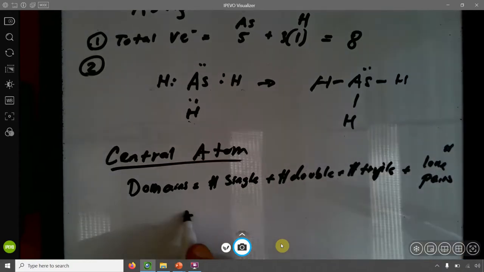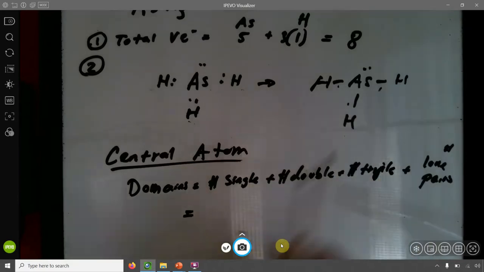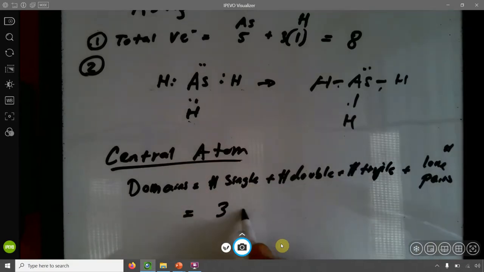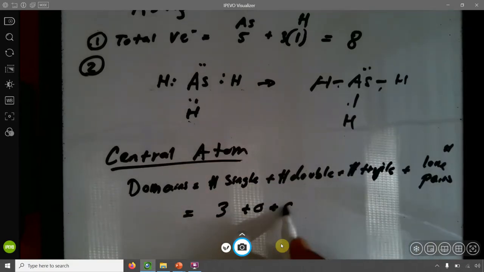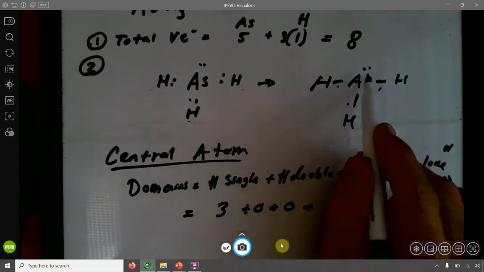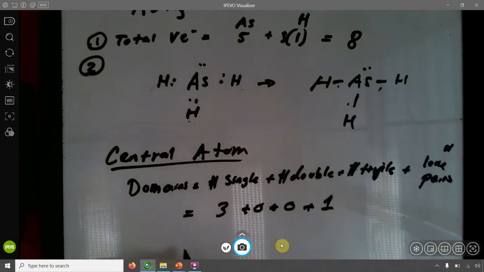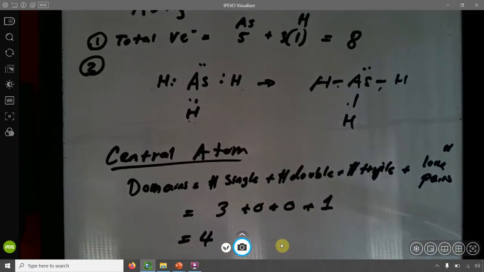So how many do I have? Well, I have 3 single bonds, 0 double bonds, 0 triple bonds, and I have one lone pair. So my domain count is 4.